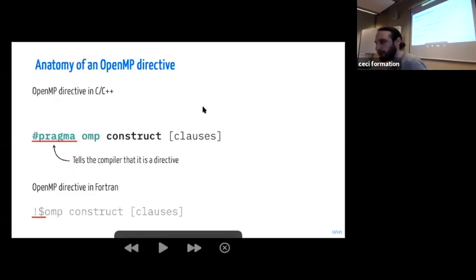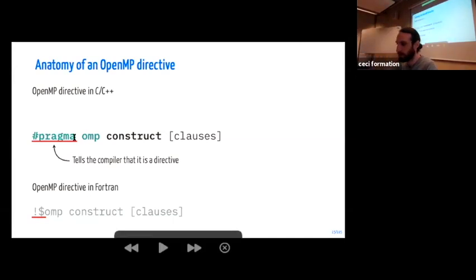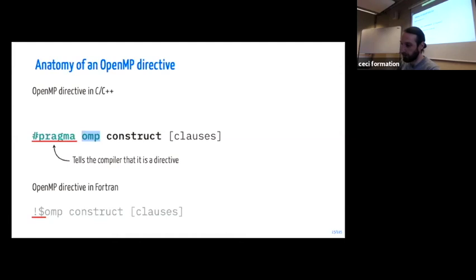Okay, and what the directive looks like is that in C and C++ you first start with the pragma keyword, okay? So you have your pragma keyword, and then it's followed by omp to say to the compiler that this is an OpenMP directive. In Fortran, it starts with a comment and then a $ sign OMP, which also says to the compiler that this is an OpenMP directive.